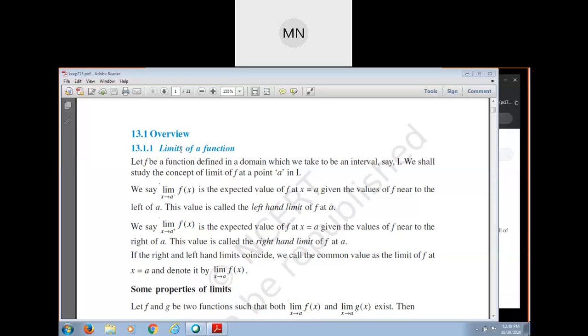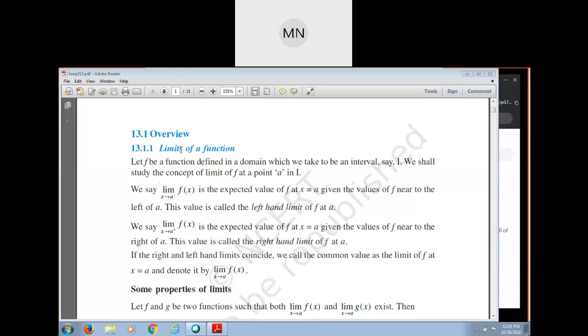Suppose in the number line we take a point x equals 2, and I say that x approaches 2. x approaches 2 means x is trying to get to the nearest value of 2.